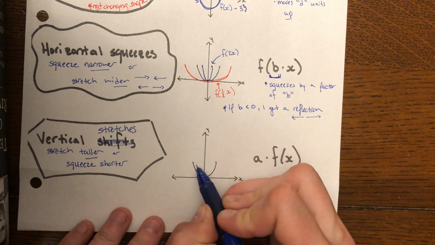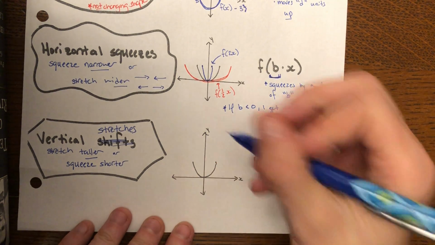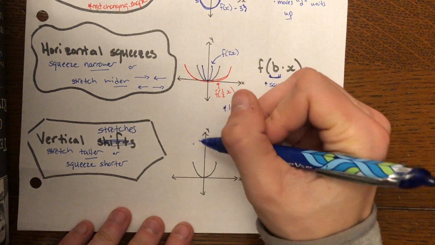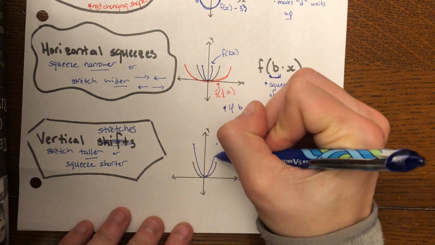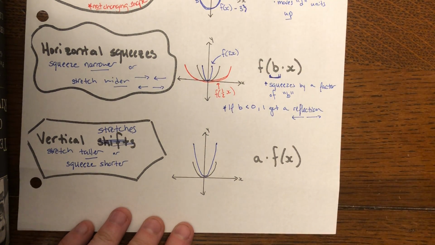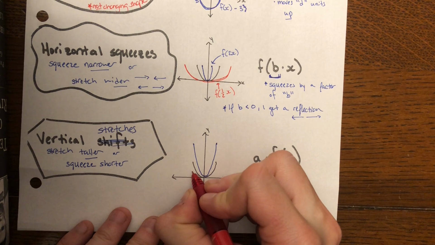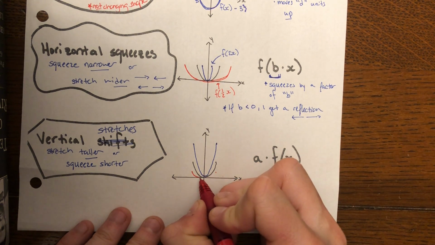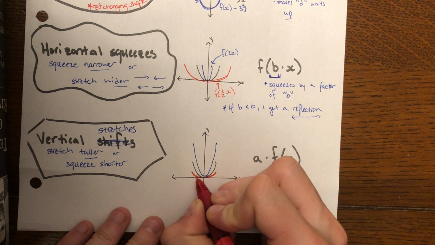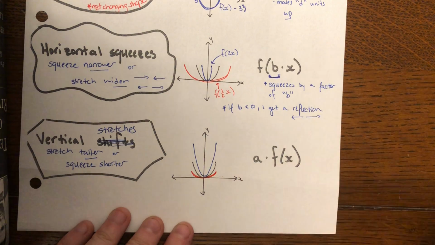So a vertical stretch is going to leave my width the same, but it's going to make my function taller. So it kind of stretches it up like this. Or it's going to leave it the same, but make it shorter. This is the same width, but my height can be halved.